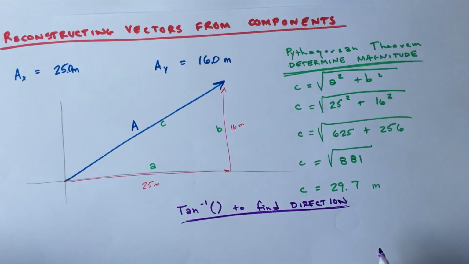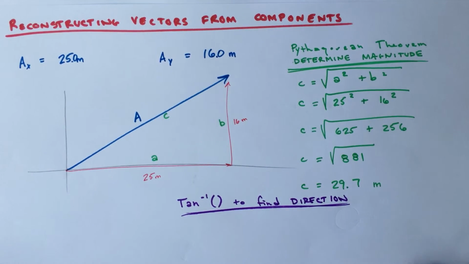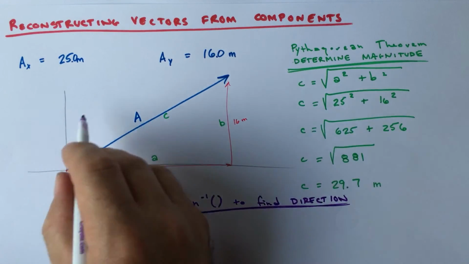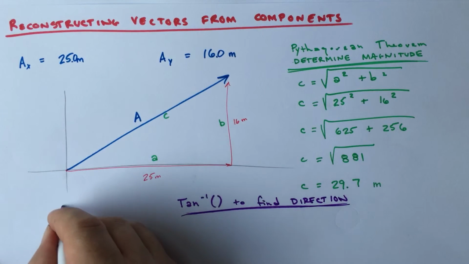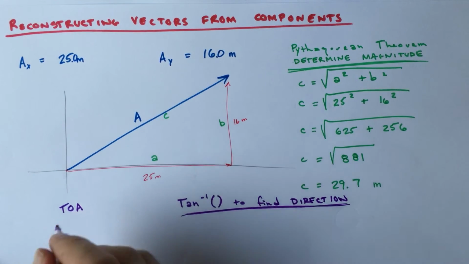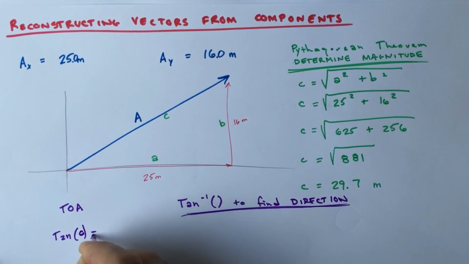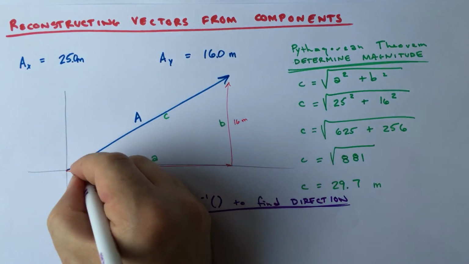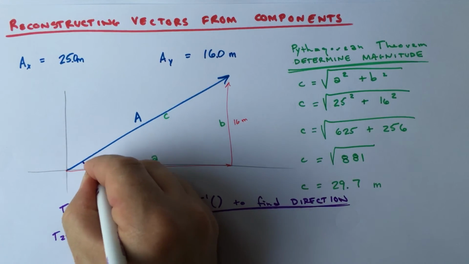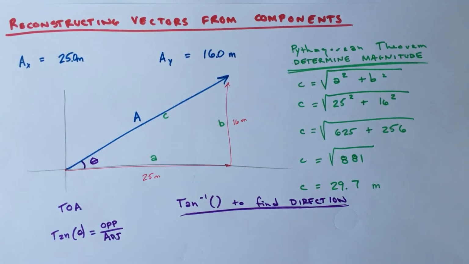Going back to our SOHCAHTOA, we have this equation, TOA, which stands for the idea that the tangent of theta is equal to the opposite over the adjacent. So if we want to find what this angle theta is, and we know the opposite over the adjacent, that's what the tangent of theta is equal to.